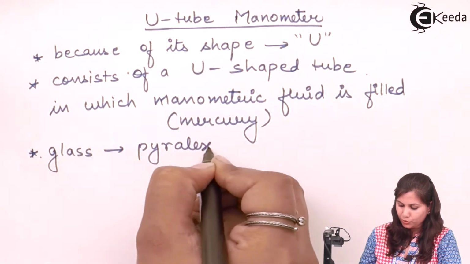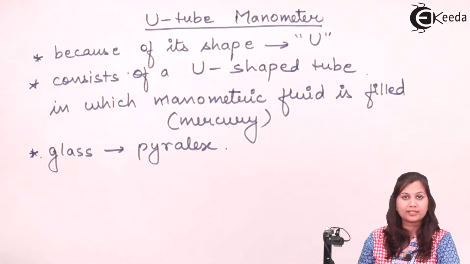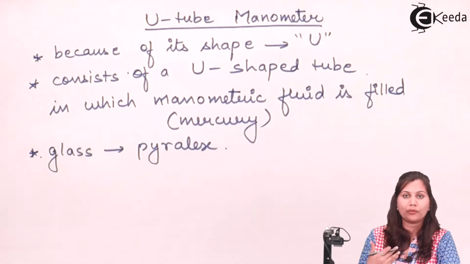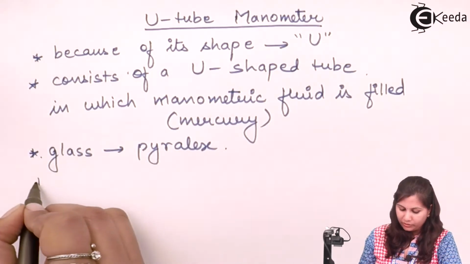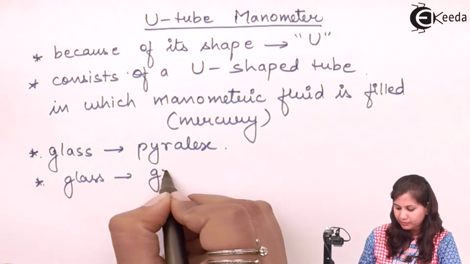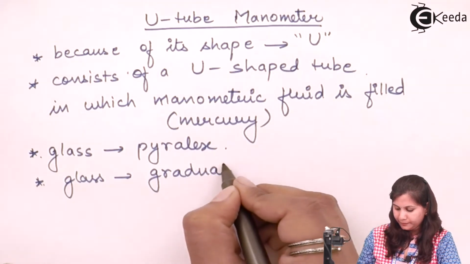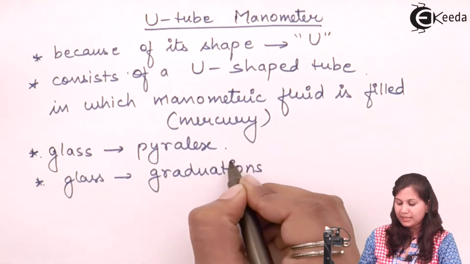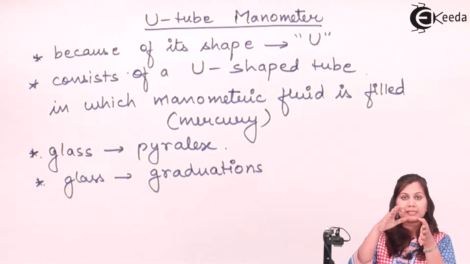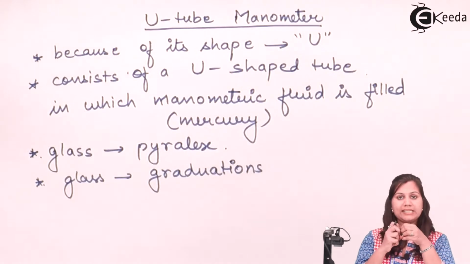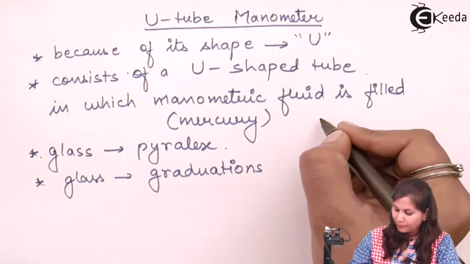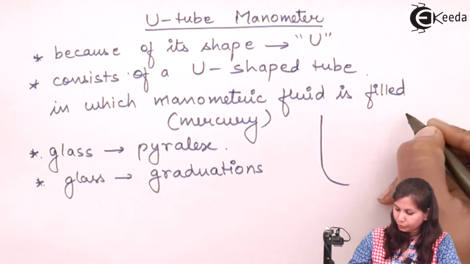Parallax glass is used for its construction so that the observer can easily see the displacement of the mercury. On this glass, graduations are made. Graduations means scale divisions are made so that the displacement of the mercury can be easily seen on the scale. So suppose that this is the U-tube.